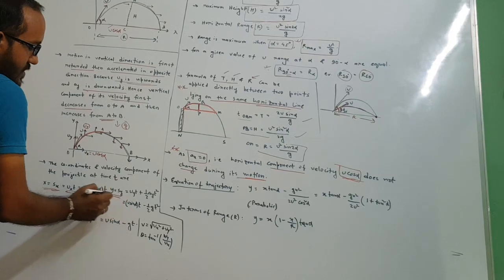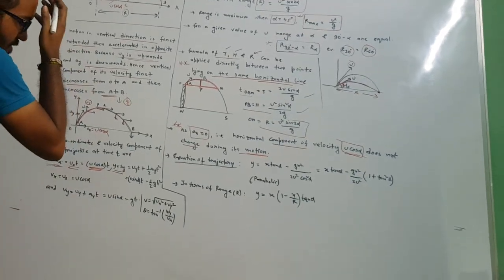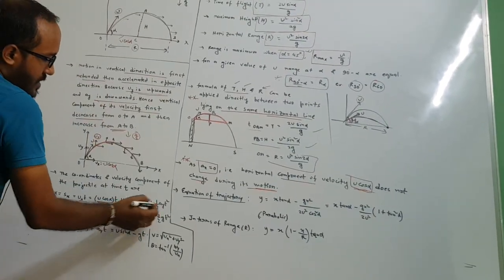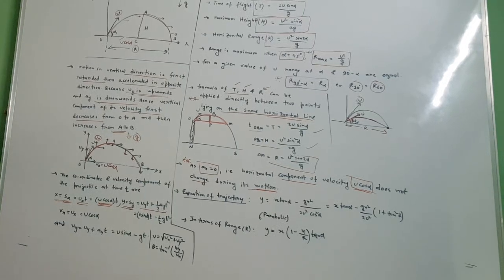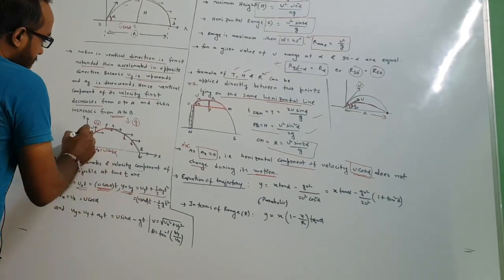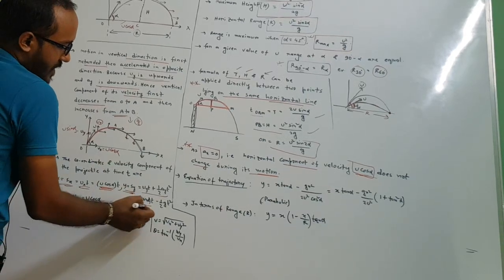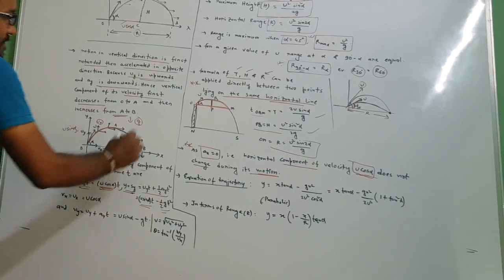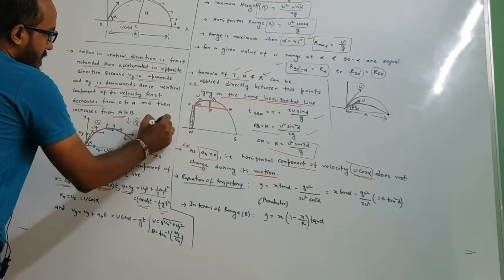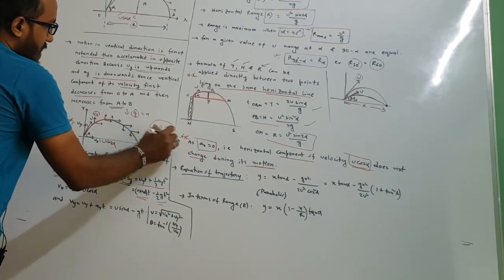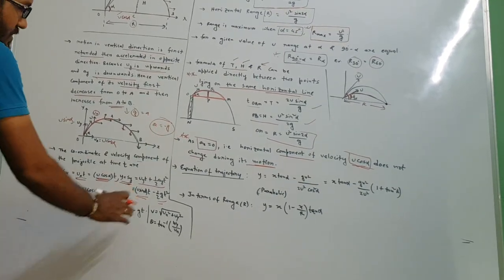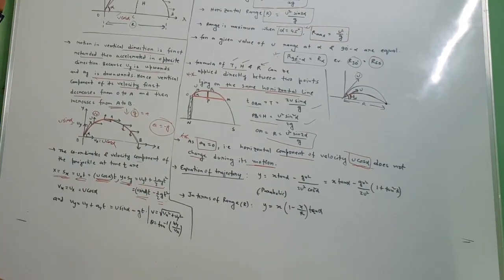Y is your sy, the vertical distance of the object. Now apply this formula, uyt plus half ayt square. Now what is uy? Uy is u sin alpha, so u sin alpha t minus half gt square, minus because here acceleration is downward, so you have to take a equals to minus g. So that's why this is minus half gt square.